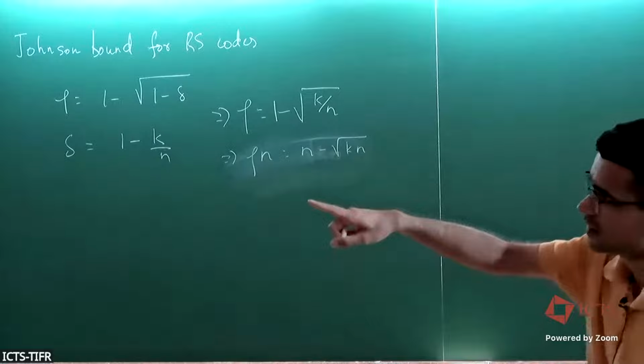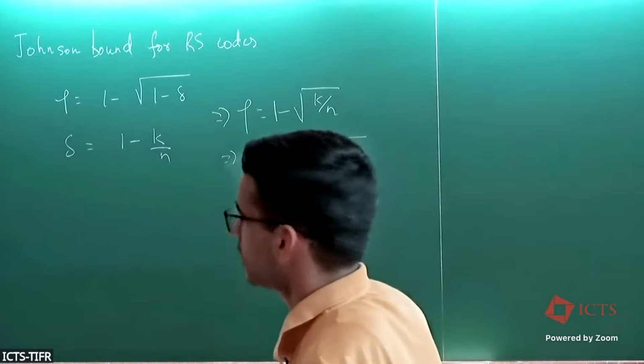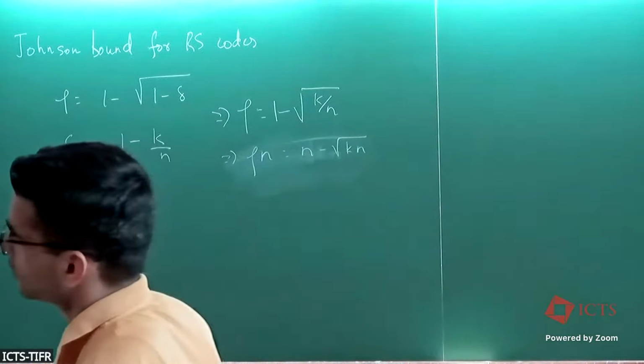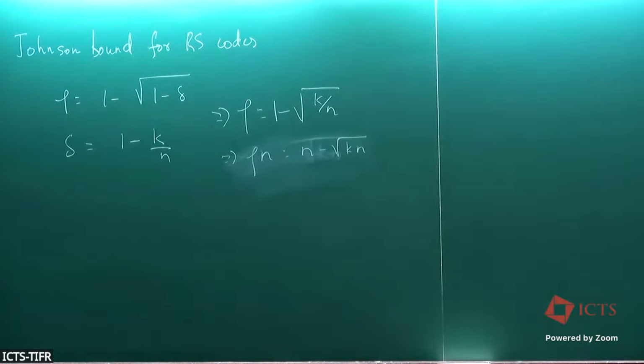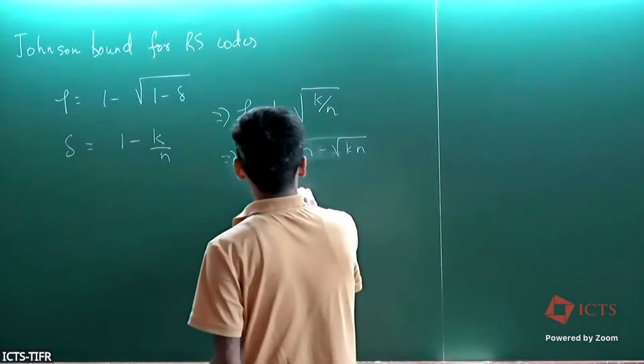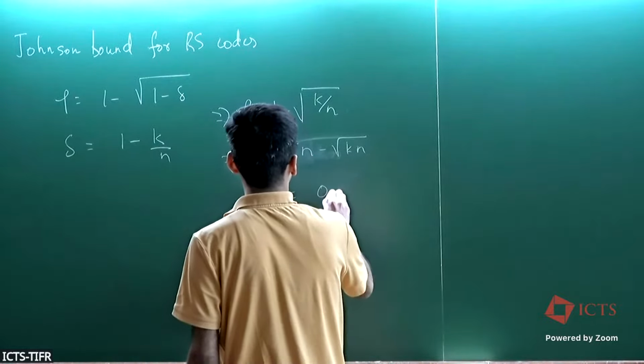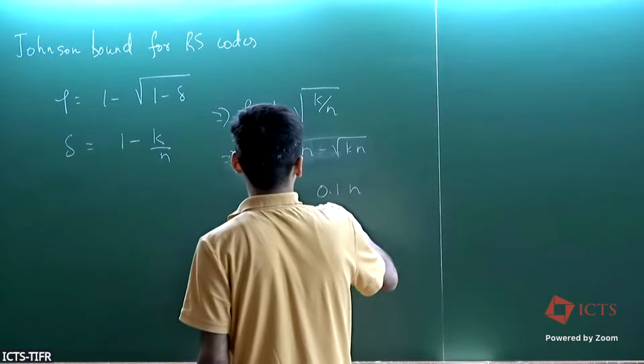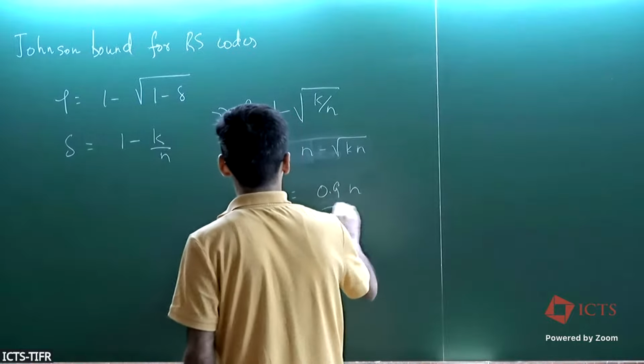So in the setting of parameters that we had there, delta was 0.99. So this is like 0.1 n correct, or 0.9 n errors.